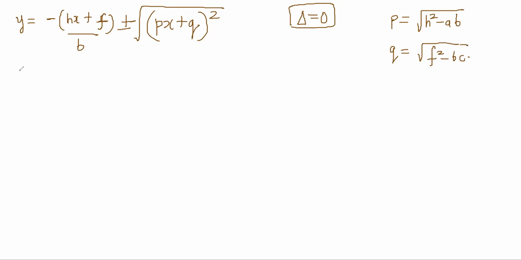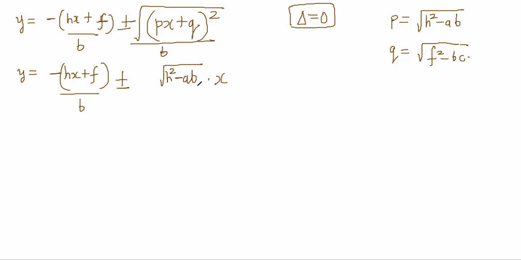So my equation becomes y is equal to minus hx plus f by b plus minus px plus q. So p is root over h square minus ab into x plus root over f square minus bc, by b. So the two equations, multiply by b throughout.